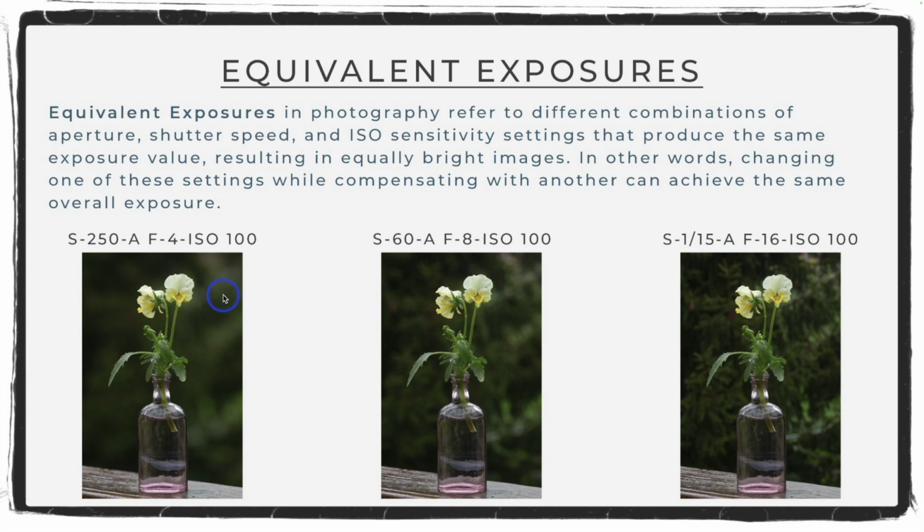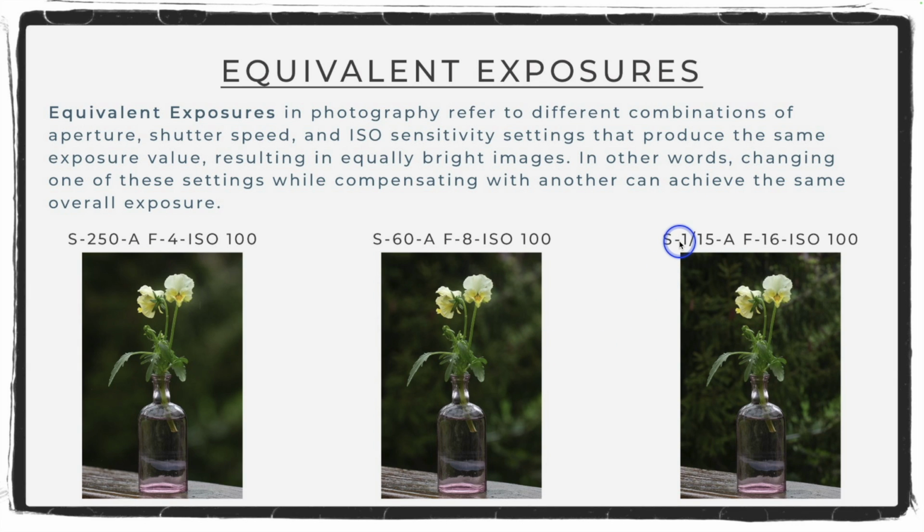In this image it's the same exposure, and we'll go through this on another sheet in just a second, but this is 1/60th of a second at f8 at ISO 100. Same exposure, however, the settings are different. We have a slower shutter speed and a higher aperture number. That mid aperture is bringing some of the background into focus. Once again, we call this depth of field, and depth of field isn't just aperture. It's also distance to subject and focal length. But for right now, we're just going to assume it's aperture.